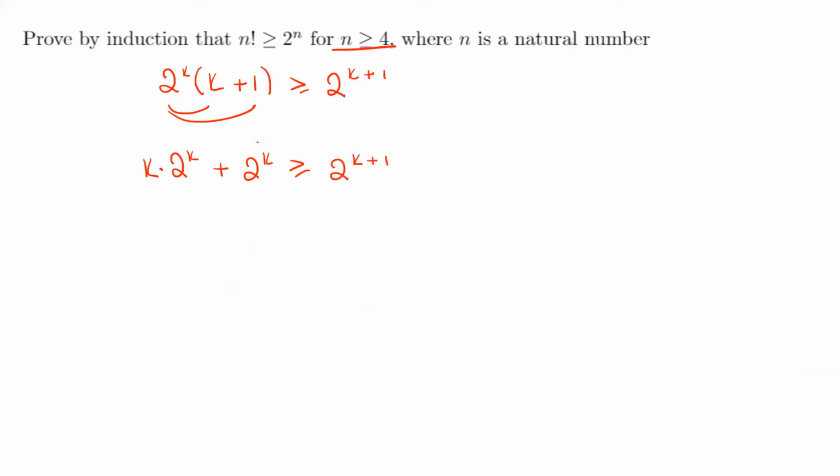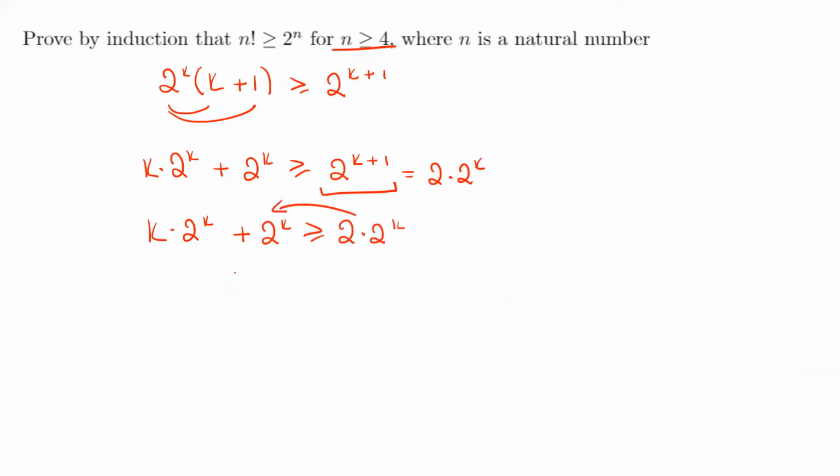Now, I can rewrite this part here as 2 multiplied by 2 to the power of k, from our indices rules. So now our equation becomes k multiplied by 2 to the k is greater than or equal to 2 multiplied by 2 to the k.